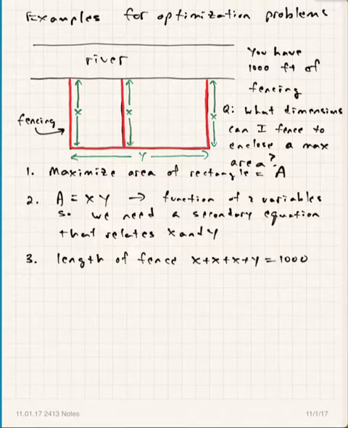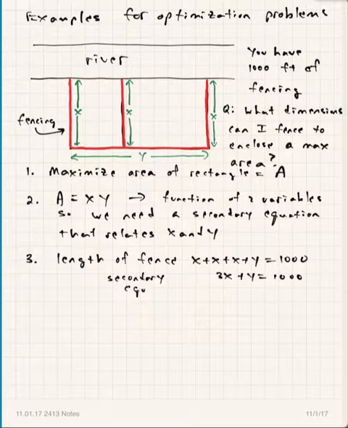And hey, you've got an equation that relates x and y to each other. You get that 3x plus y is equal to 1,000. And so that's our secondary equation, or sometimes you'll see that referred to as the constraint equation.